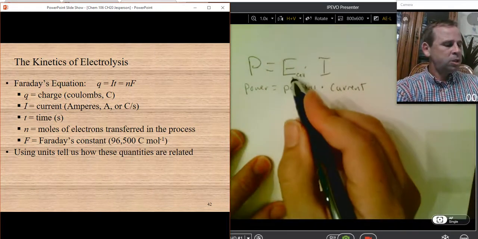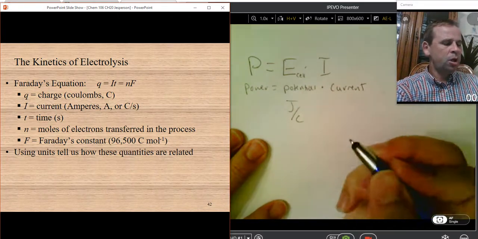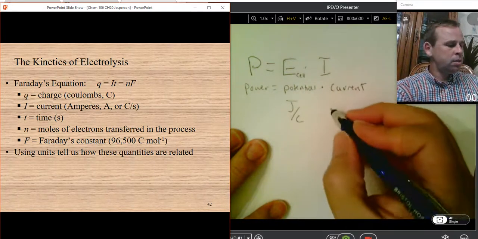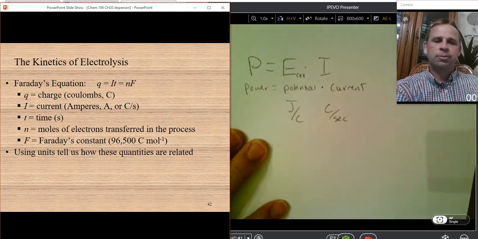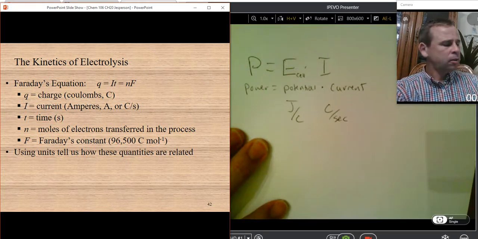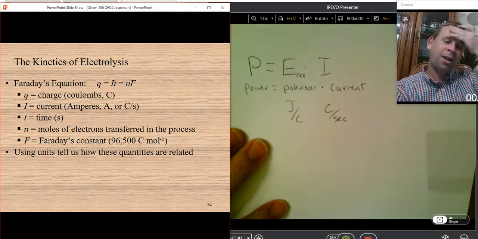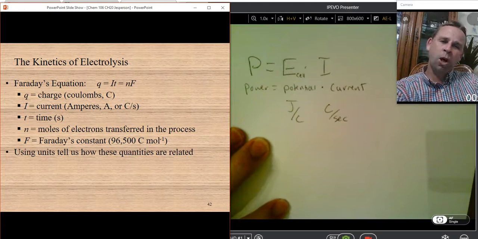Potential is in units of joules per coulomb, and current is in units of coulombs per second. Coulombs are a unit of charge, and you don't have to remember much about coulombs. There's this constant that is utilized: it's 96,500 coulombs per mole of electrons, called Faraday's constant.